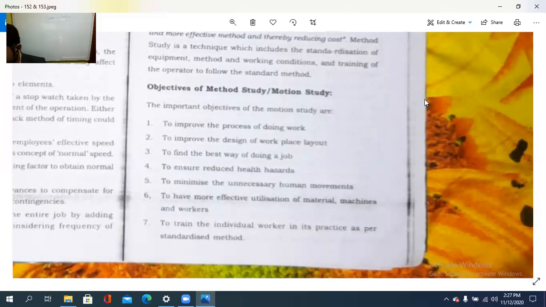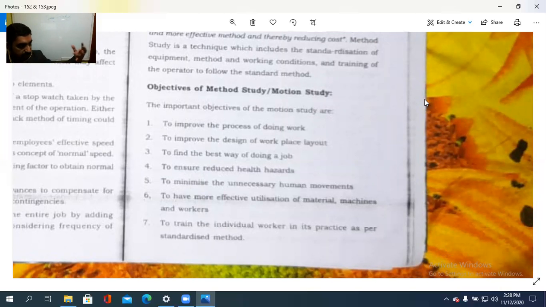Then to improve the design of the workplace layout, to find the best way of doing a job, യഥാർത്ഥ രീതി, to ensure reduced health hazards.